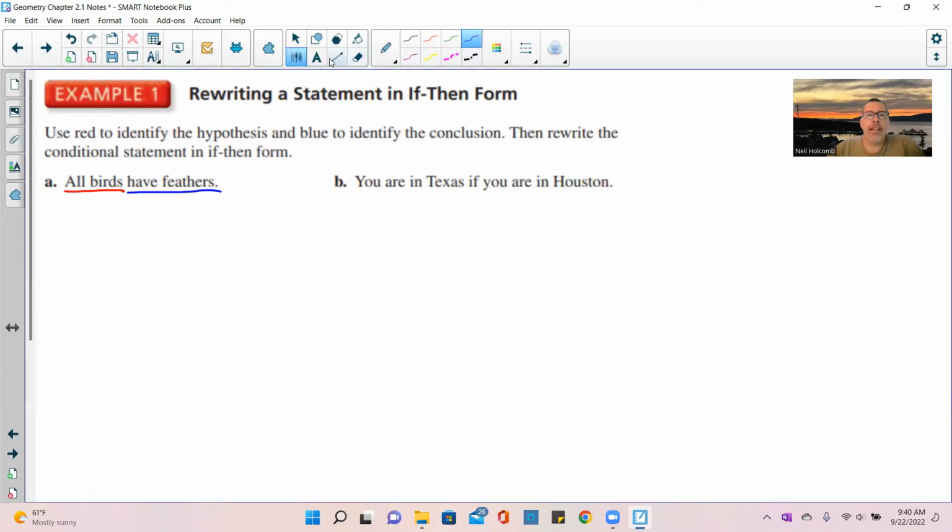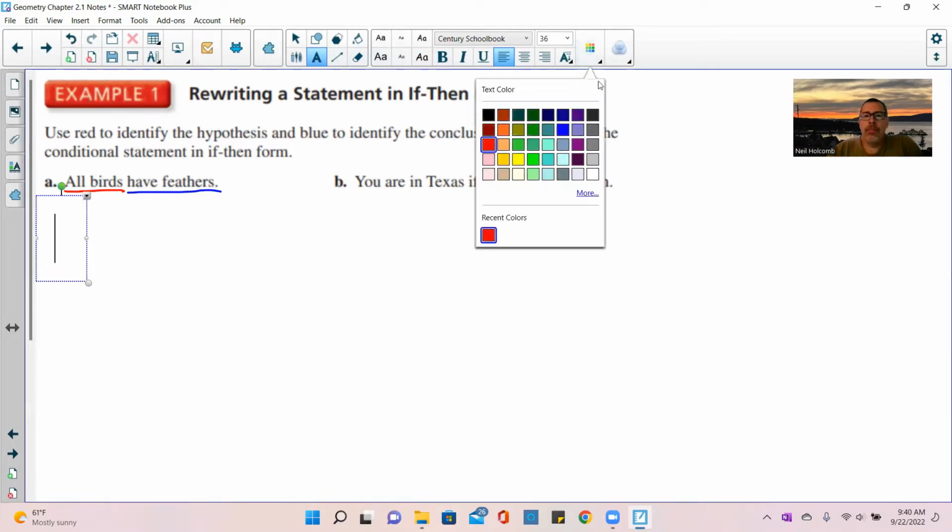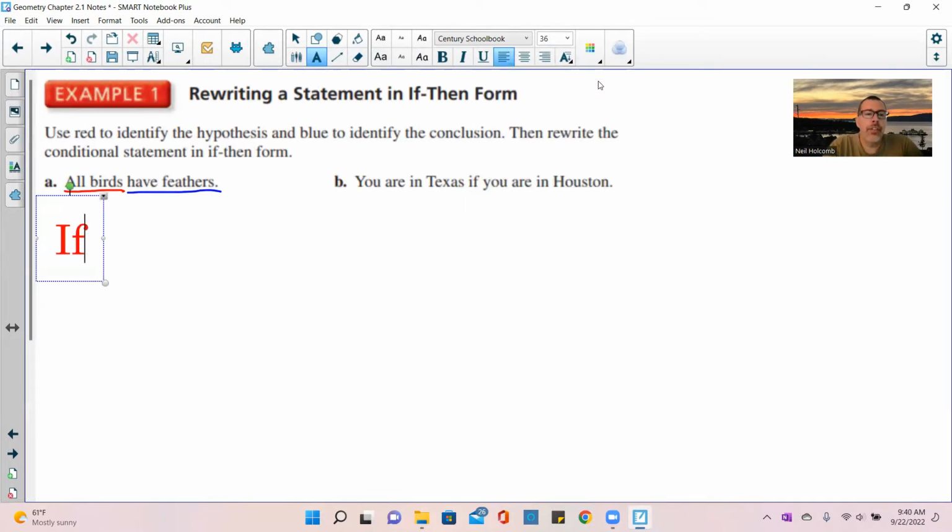I want to write that in an if-then statement, so I'm going to just type instead. So let me do this, and how about in red? Okay, so how do I say all birds? We have to start off with if, and what are birds? They are animals.